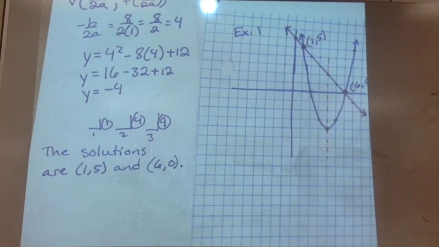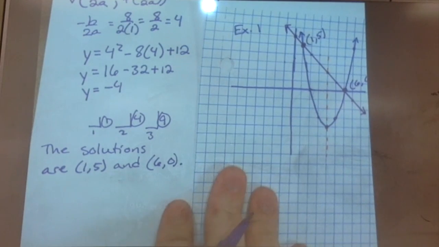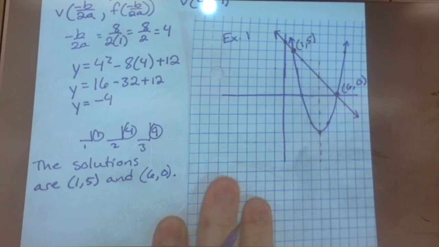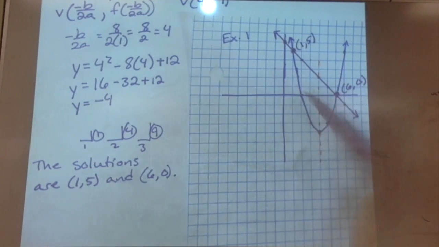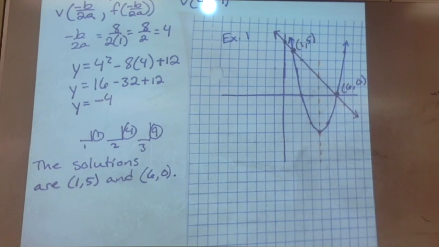So the trick to this is you have to remember how to graph parabolas, but then once you do that, and there is going to be one problem of this type on your homework, so you need to graph exact. You need to make your graph as neat and straight and perfect as you possibly can, or it's not going to come out right, okay?